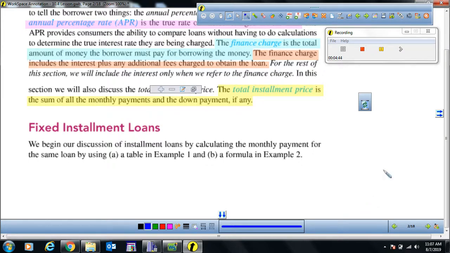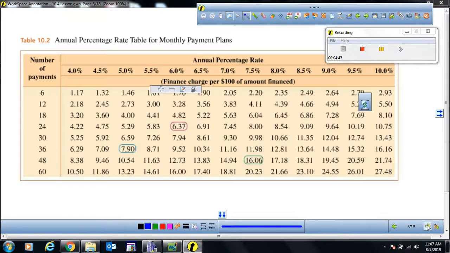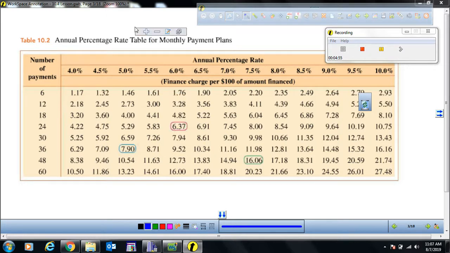Sorry, technical difficulties here. So, annual percentage rate table for monthly payment plan. This table is going to help us do example 1. Remember that the question is that we want to calculate the monthly payment, and this is something that's going to help us.